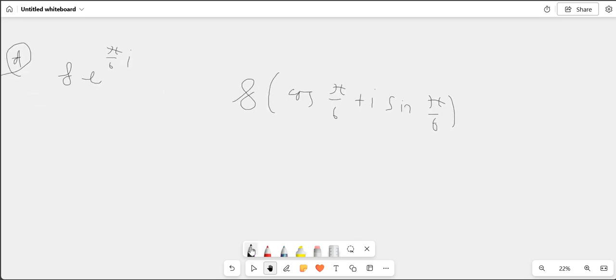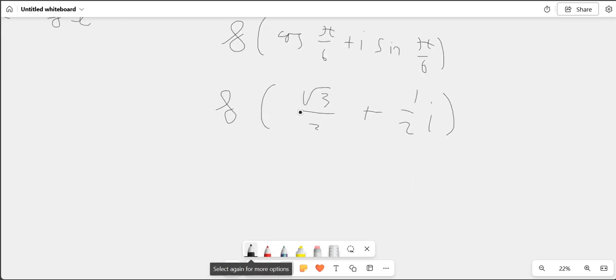And obviously, yeah, cos π/6 here will be √3/2. And then the other thing here, sin π/6, that's going to be what? 1/2, yeah? And then times 8, so times 8 like that. Then you'll get 4√3 plus 4i, yeah?